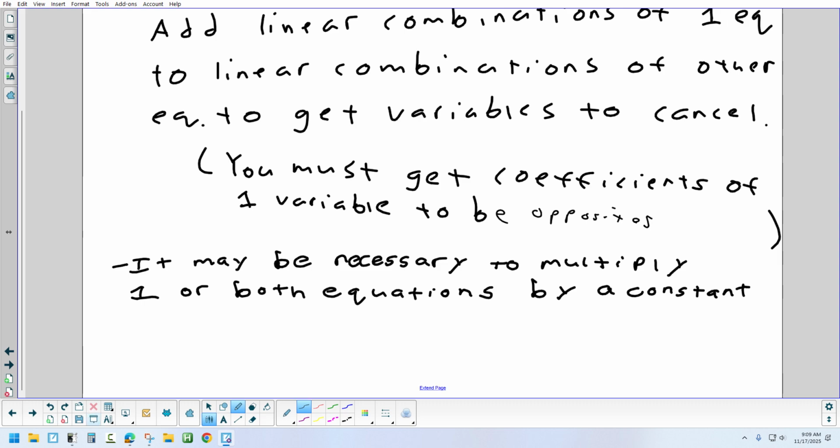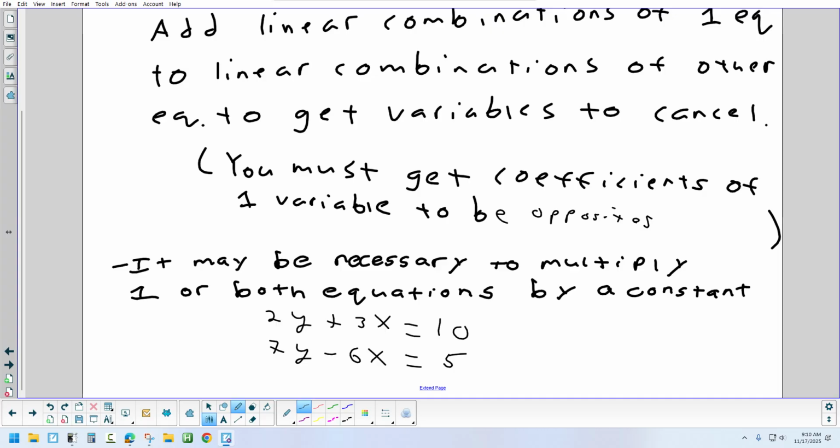So for example, if I had 2y plus 3x equals 10, and let's say 7y minus 6x equals 5.